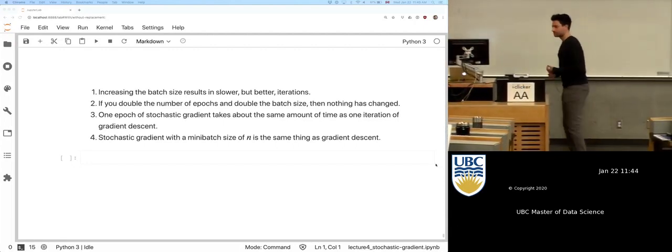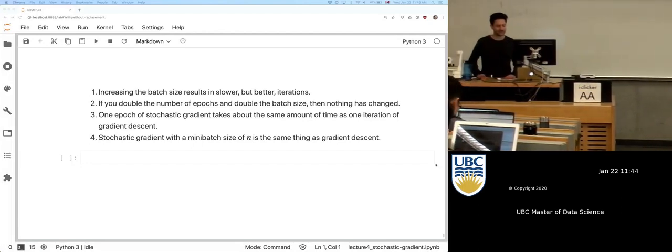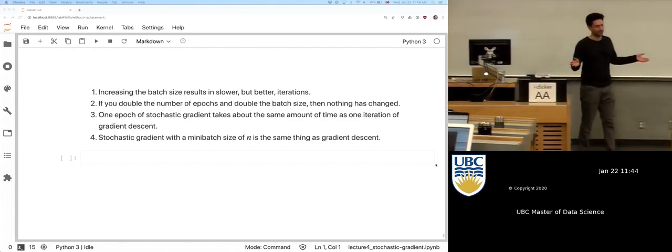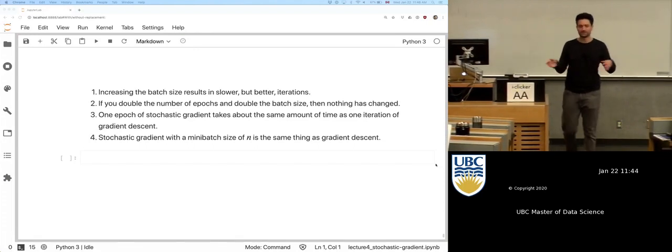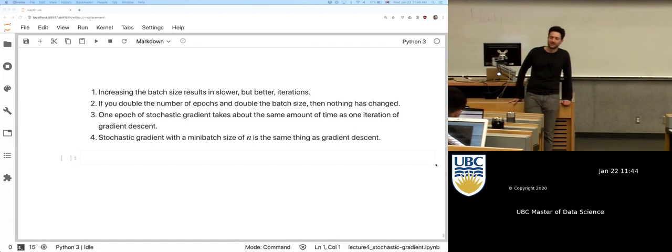And last one, number 4, stochastic gradient with a mini batch size of n is the same thing as gradient descent. Okay, yeah, sure. I mean, other than that replacement stuff that we talked about, if you're doing it fully without replacement, then it's going to be the same thing as gradient descent.